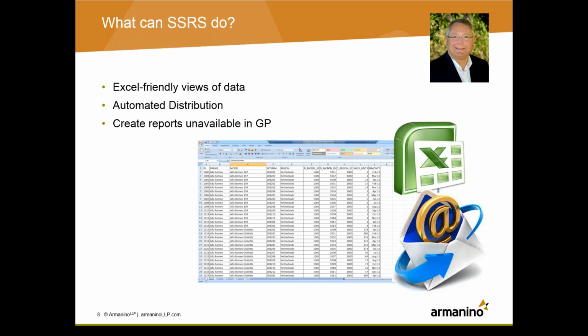So we built an SSRS report that does exactly that. You give it the raw material and the batch, and it tells you every single invoice that used that batch. On top of that, it gives you the address and the contact person for that customer. That was a pretty nifty little report that they found useful.